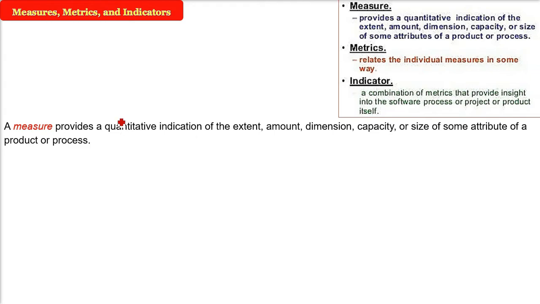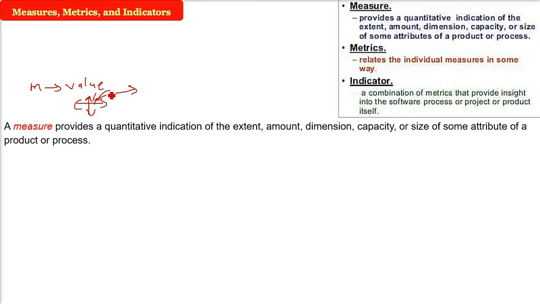That is, we are talking about a number. So a measure will give you a number, a value. This will give you a quantitative indication of the extent, the amount, the dimension, the capacity or the size of a certain attribute or property of a product or a process. I hope you got the idea.